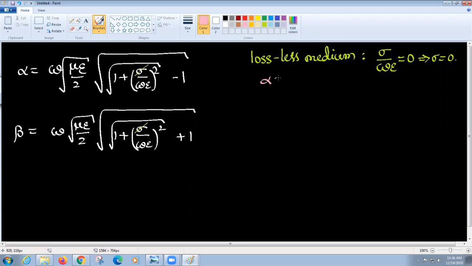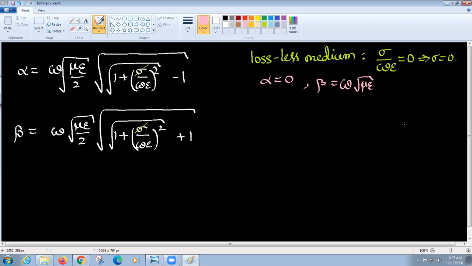Alpha equal to 0, because square root of 1 is 1, 1 minus 1 is 0, so alpha equal to 0. Then what about beta? If it is 0, square root of 1 plus 1, square root of 2, the square root of 2 will cancel out. You have omega square root of mu epsilon.